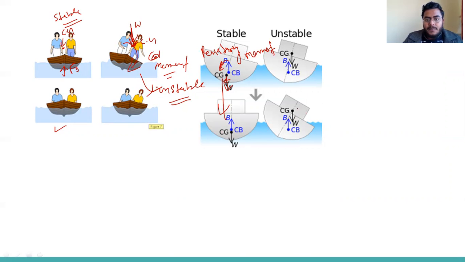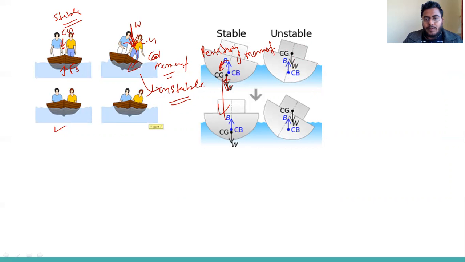But in this case, when the center of gravity is here, how will the center of gravity be shifted to the top? Suppose we carry some heavy load. By keeping some heavy load, the center of gravity will go up. So when the center of gravity is shifted, you can see a moment.